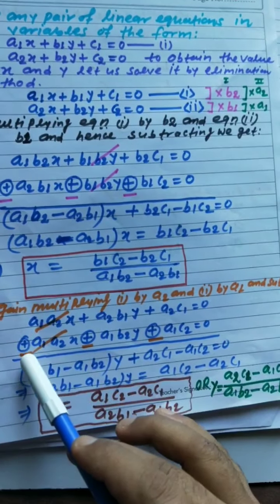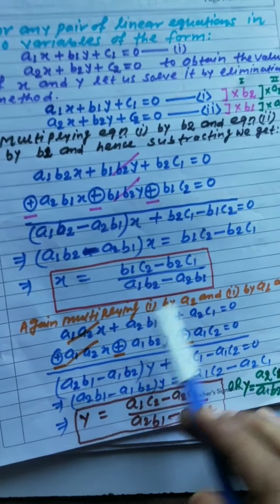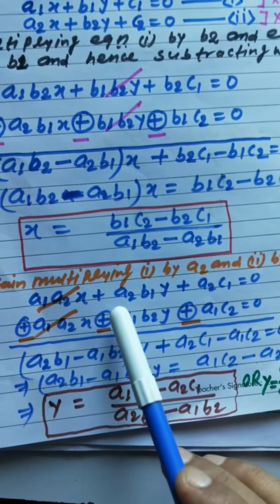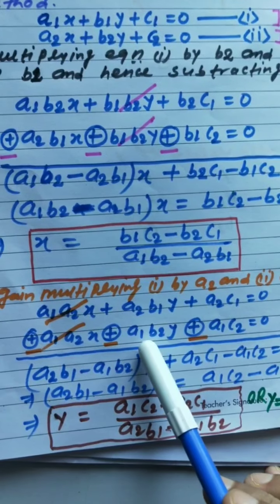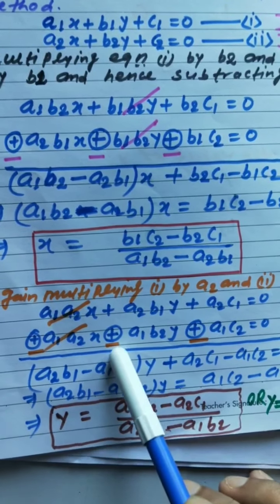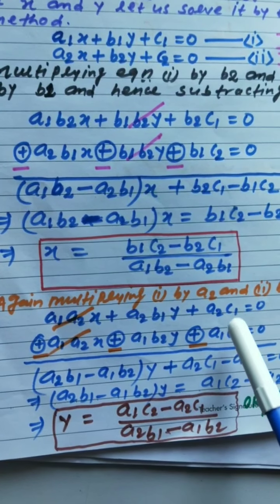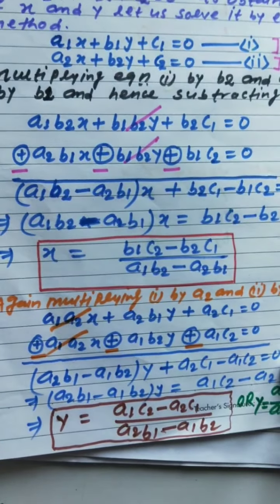Now after changing the sign, this a1 a2 x and a1 a2 x will be cancelled, and then we have here a2 b1 minus a1 b2, and y is common, and plus a2 c1 minus a1 c2 is equal to 0.